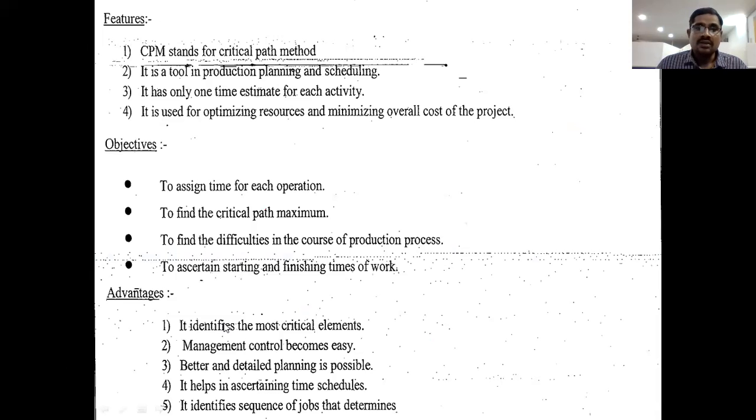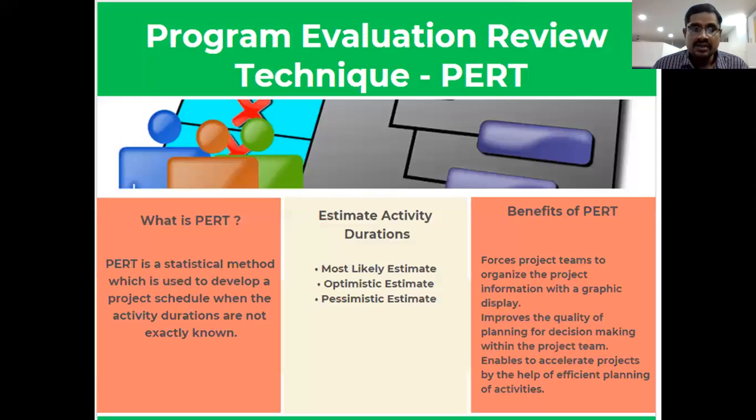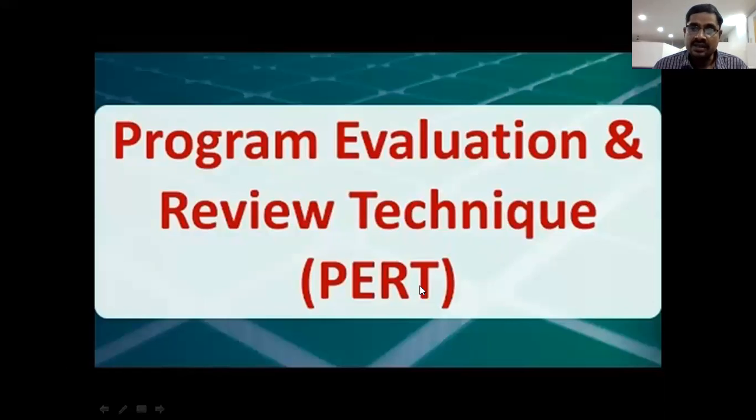Now coming to the program evaluation review technique, PERT. In this PERT diagram, we just need to concentrate on three timings: optimistic time, pessimistic time, and normal time.